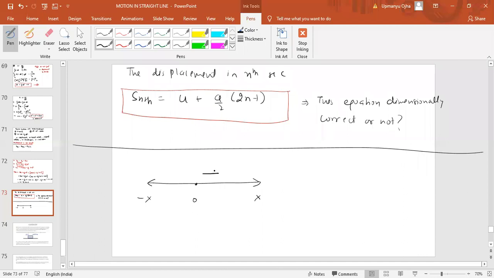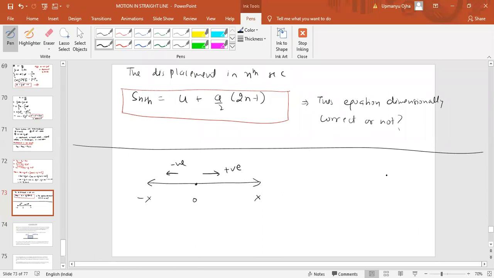The right side is taken as positive and the left side is taken as negative. That is the first point.